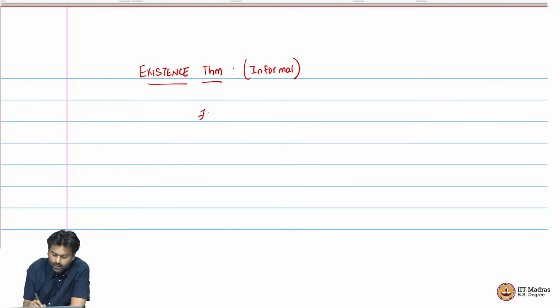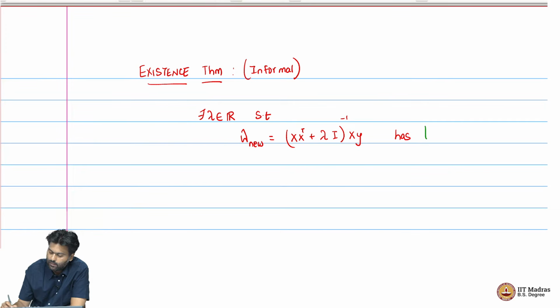So, there exists some lambda in R such that W hat nu, which is defined as (XX transpose plus lambda I) inverse XY, has lesser mean square error than W hat ML.